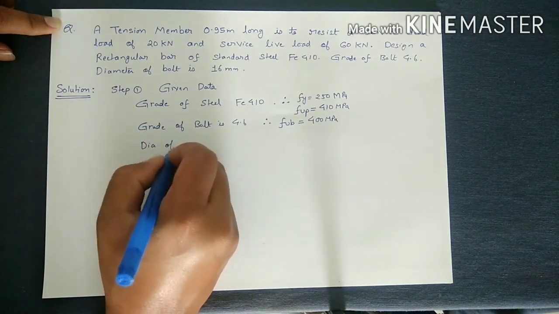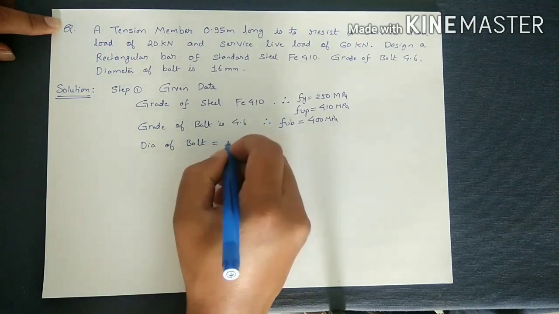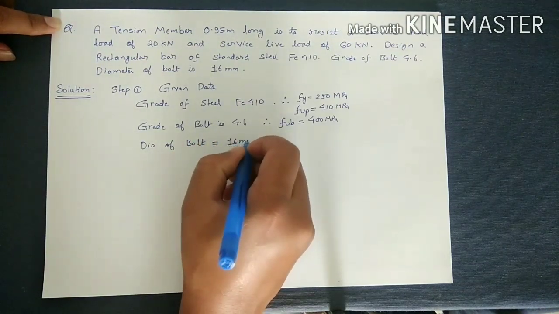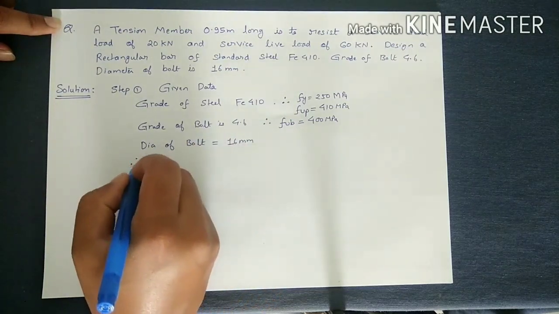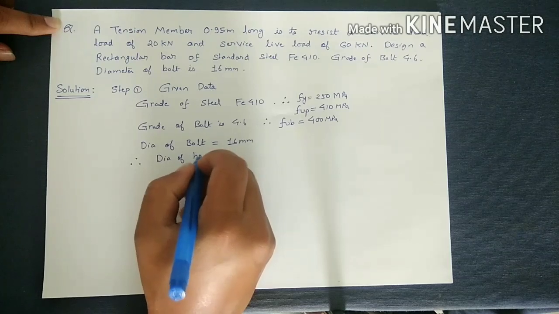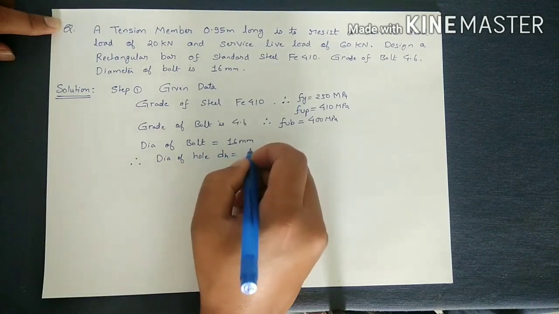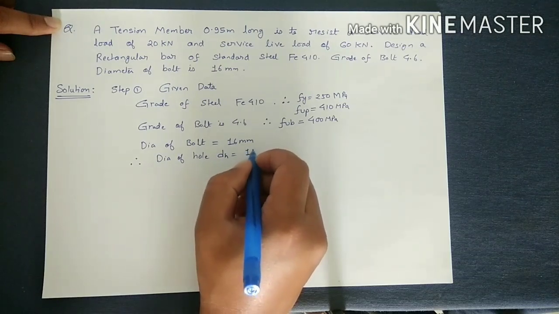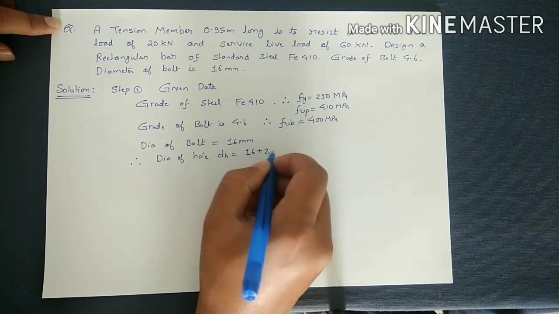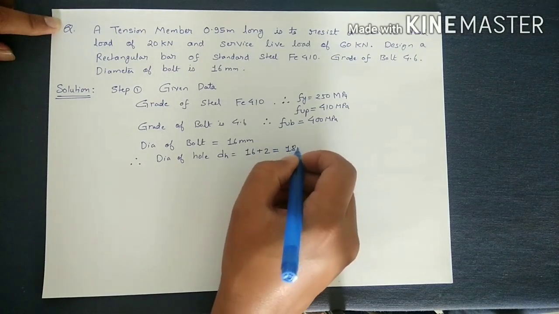Dia of bolt is 16 mm. Therefore dia of hole will be equal to 16 plus clearance, that is 2, which equals 18 mm.